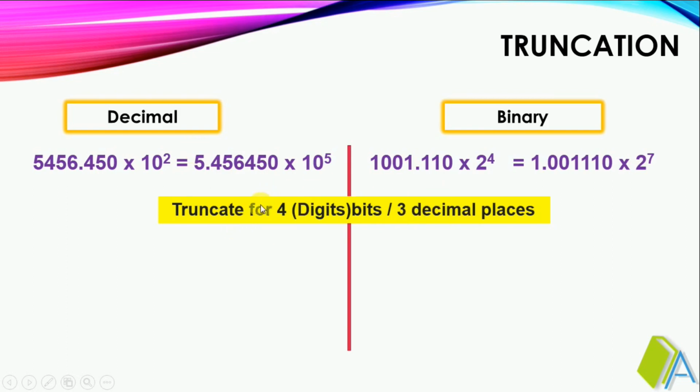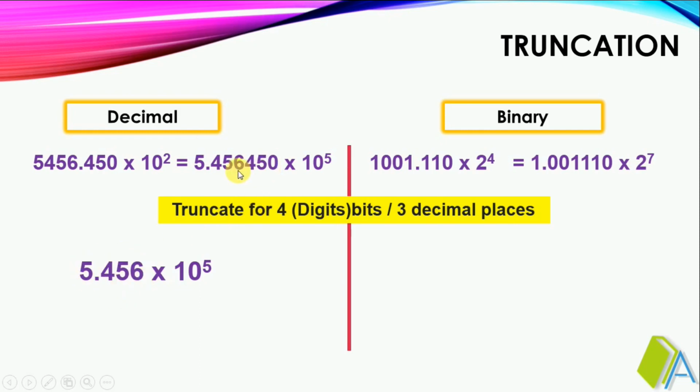In order to truncate to 4 bits, we can omit the remaining bits and simply write the 4 bits present in the number given for truncation. So this is the truncated number, considering the 4 bits or the 3 bit positions after the decimal point.